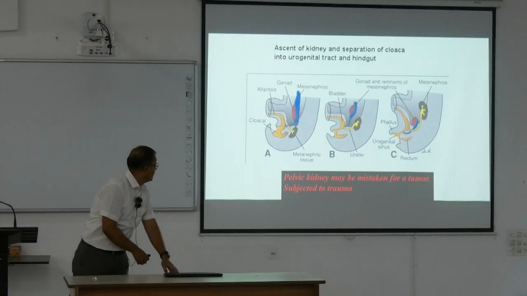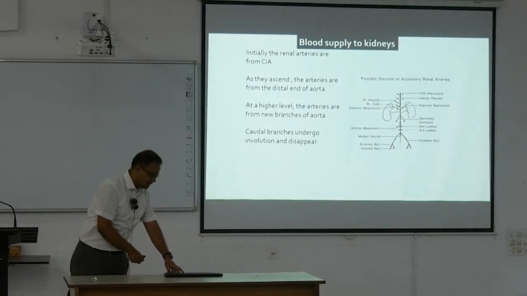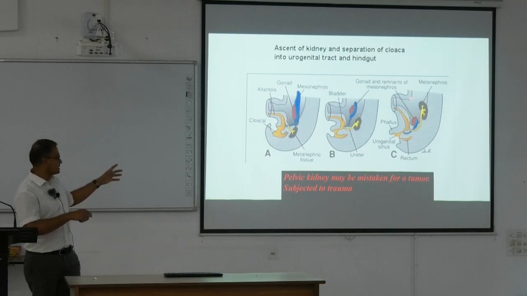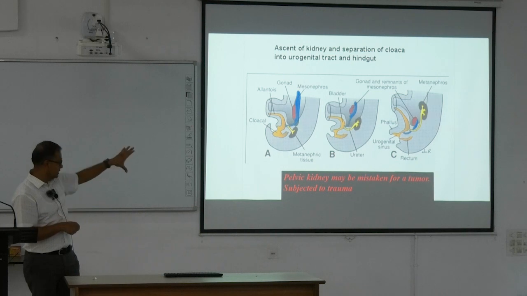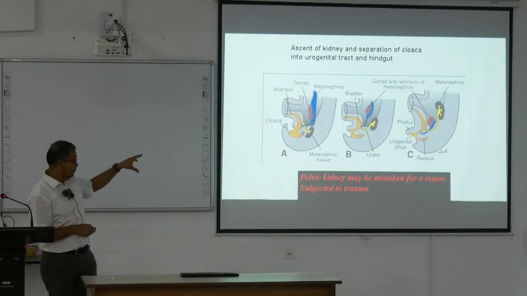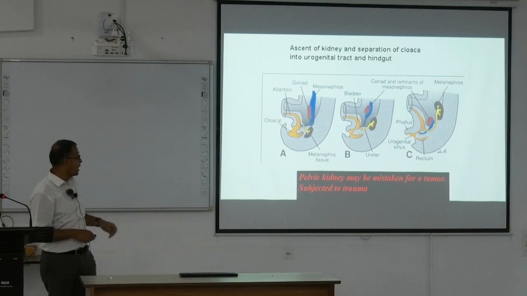As you can see in pictures A, B and C, the positions of the kidney change. From the sacral position it moves up as the embryo grows or elongates in the lower sacrolumbar region, getting richer and wider caliber blood vessels at the higher positions.